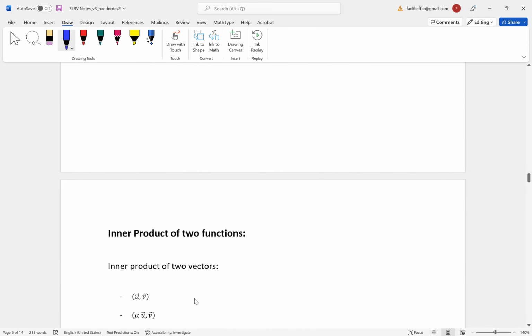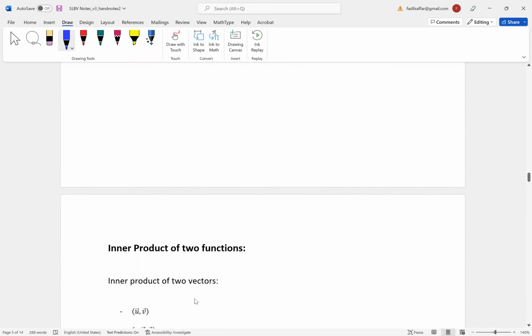Since what I'll be saying will sound quite far from what we've been doing so far, I just want to draw the big picture first, then move into this inner product topic and come back to this big picture again, which is how we can do the eigenfunction expansion.